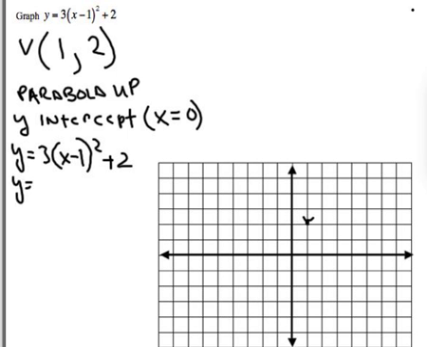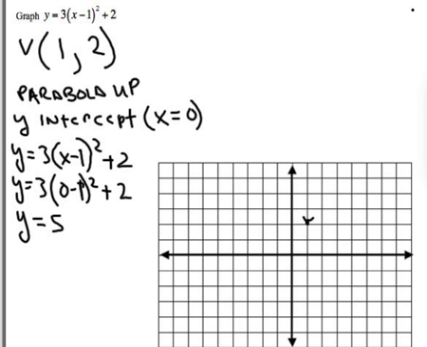So I get y equals 3 quantity 0 minus 1 squared plus 2, and solve for y. Negative 1 squared is 1, times 3 is 3, plus 2 is 5. So y equals 5. 5 is our y-intercept.